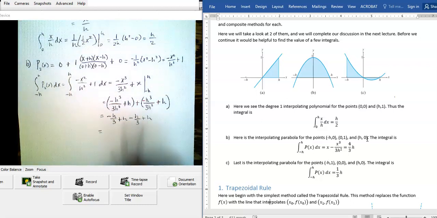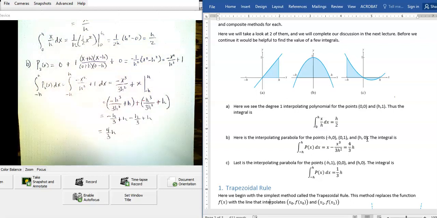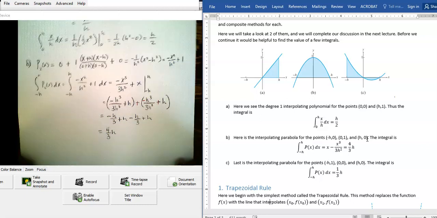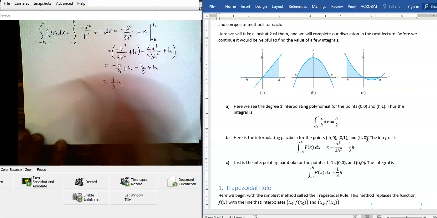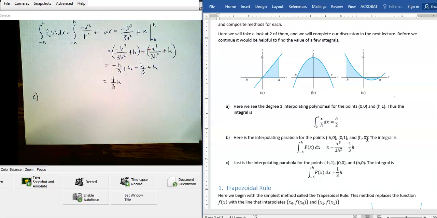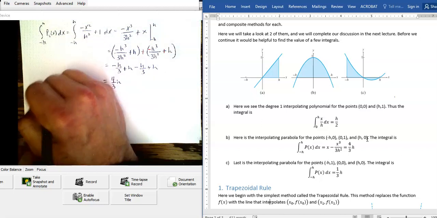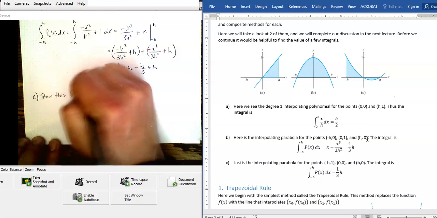And to take away 2/3 is 4/3, so 4/3 h. The last problem you will show for homework.